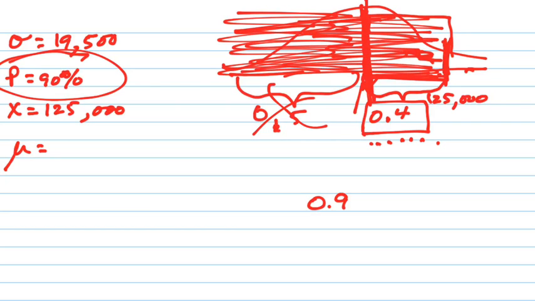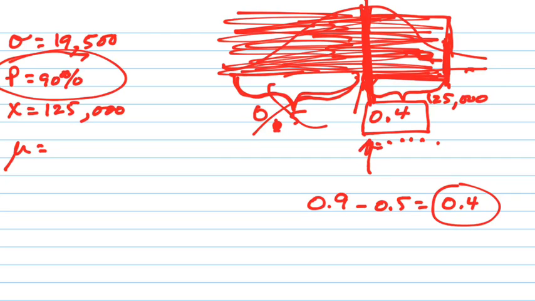But our chart reads from the mean. So the mean's right there. Well, this whole side is shaded, so that whole side is half of it, which is 0.5. So what does that give me left? The 0.4. So you just don't need to include almost half of the data. It'll be included in there, but we're only looking for the mean. So we're only looking for this bit right there.